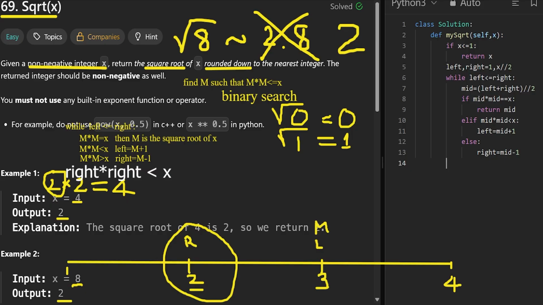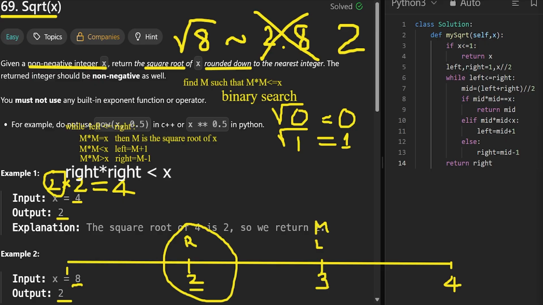If they do, terminate the while loop and return the right boundary, because we just knew that the left boundary was not a good choice. The right boundary is still good, because right times right is still less than x. So we return the right boundary. Okay, and we're done. That's all to it.